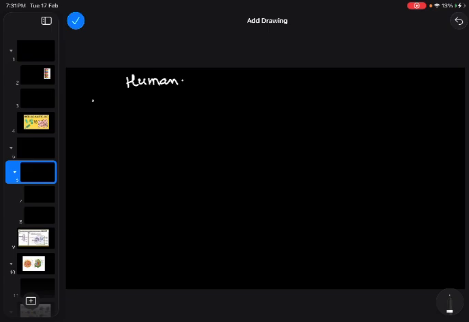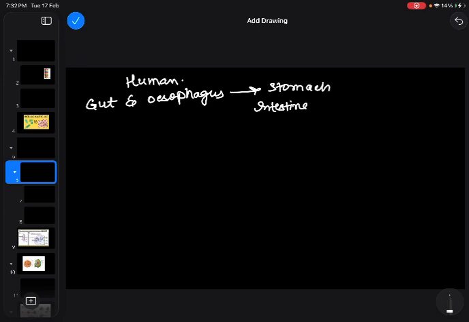cells such as gut cells and other esophagus cells and other cells of the body, they form organs such as stomach, intestine. These organs combine to form organ systems such as digestive system.